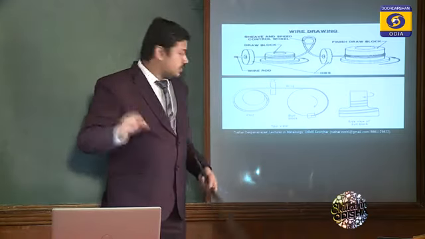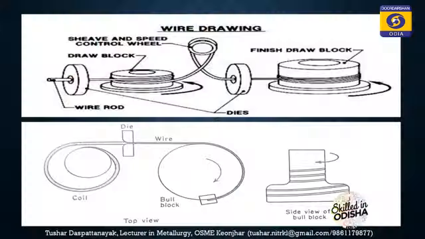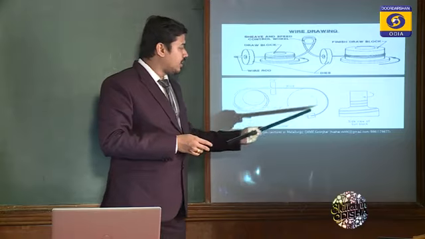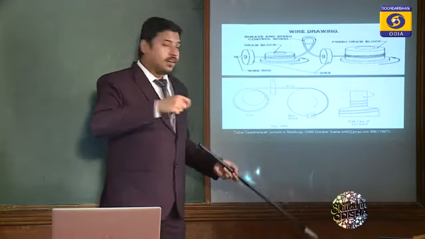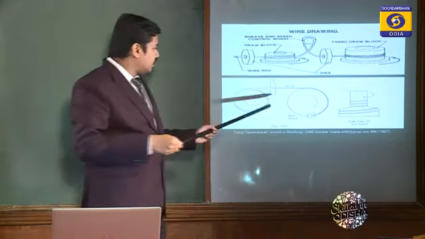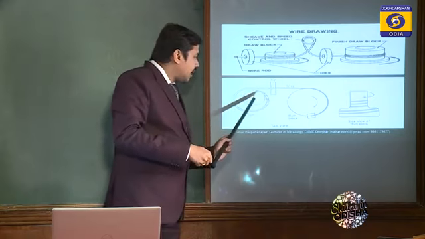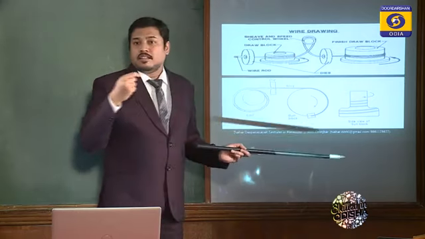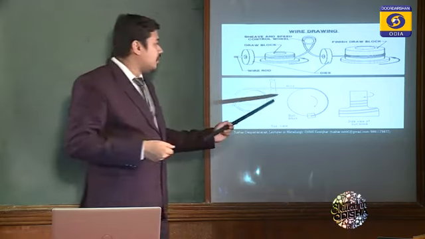Okay, can you get it? This is the coil, initially coil, rod has been coiled. This is a die. So wire, same stuff. Again, for your understanding. The die, this is the wire. To pull the wire using a draw block or bull block. What will happen? This rod will get converted into a wire.